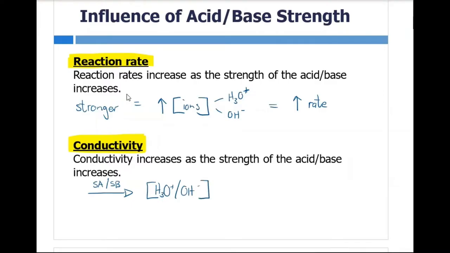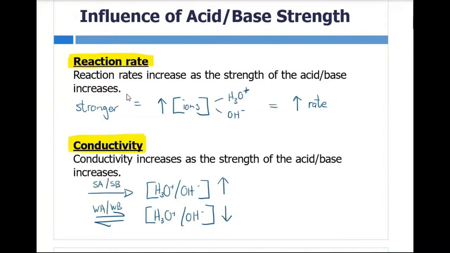If it is a double arrow, so a weak acid or a weak base, then there is a low concentration of those ions being formed.